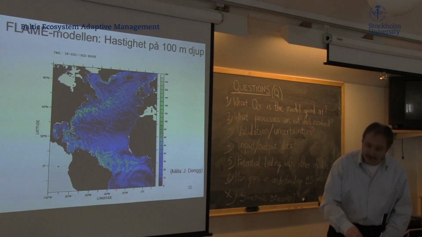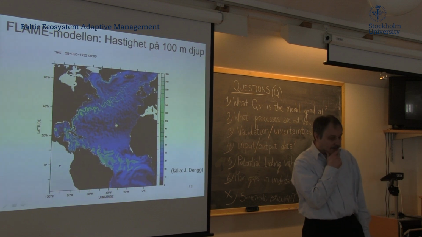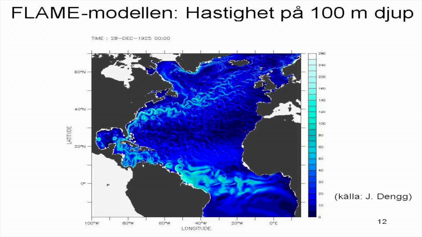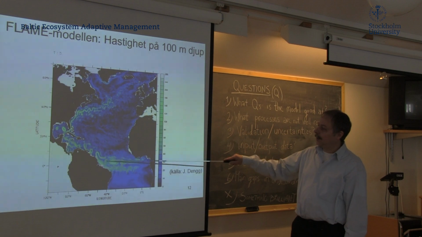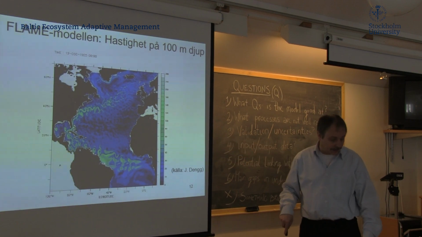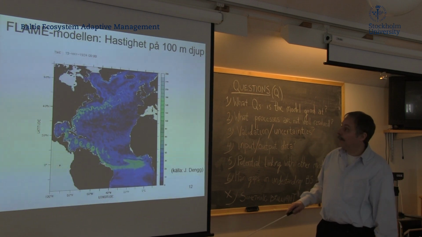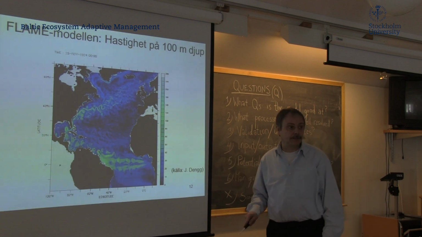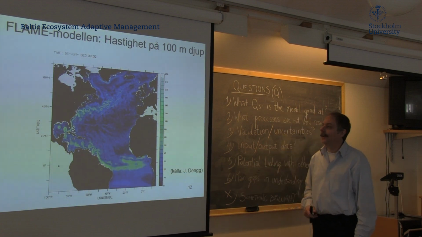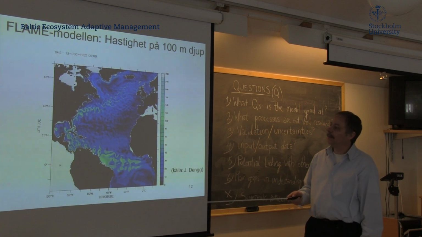I would like to give you an example how the ocean looks like. And as there is no mean circulation in the Baltic Sea, I have borrowed this from the North Atlantic. So you all know that there is the equatorial current system and the boundary currents, the Gulf Stream extension. But it's not a continuous stream. So there's a lot of eddies and spatial variability ongoing.